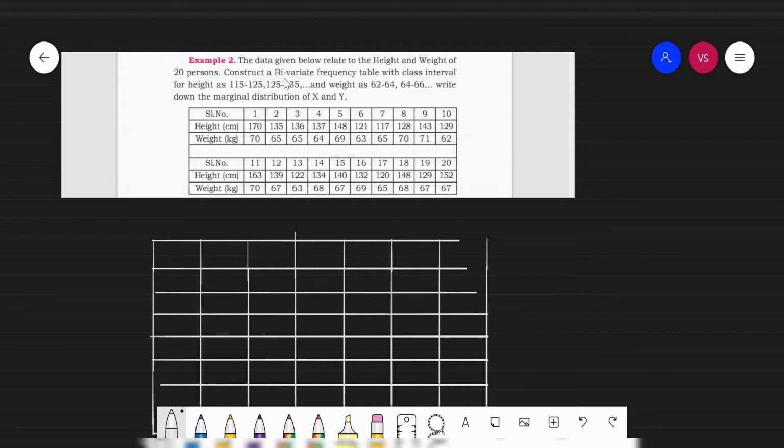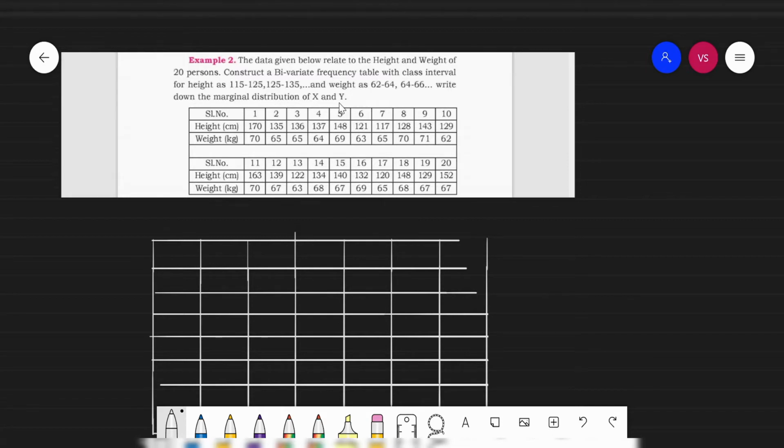Construct a bivariate frequency table with class intervals for height as 115 to 125, 125 to 135, and so on, and for weights as 62 to 64, 64 to 66, and write down the marginal frequency distribution of x and y. They have mentioned it.